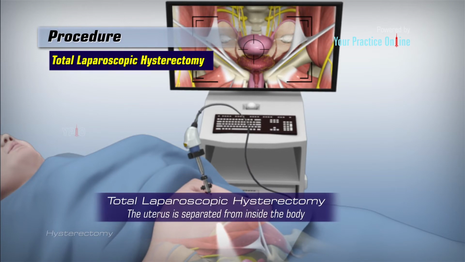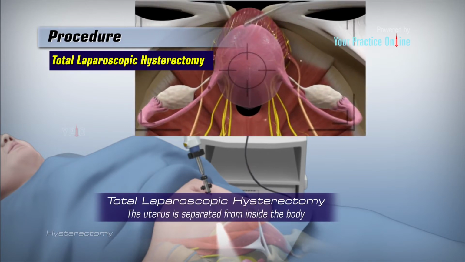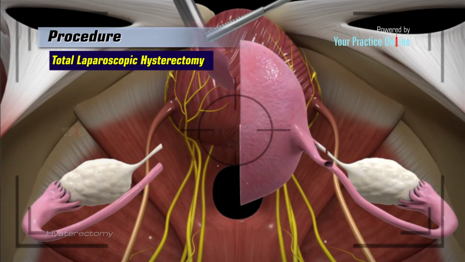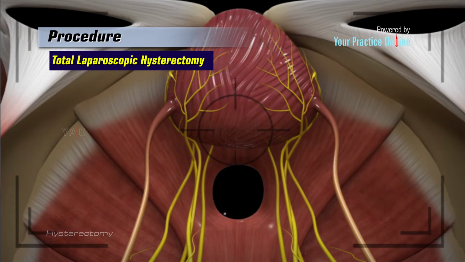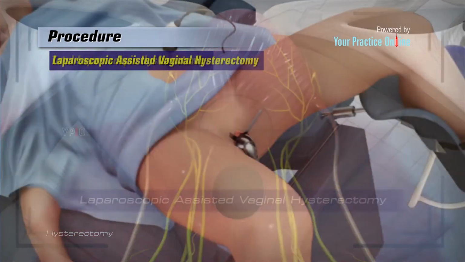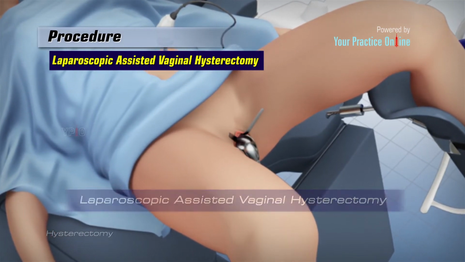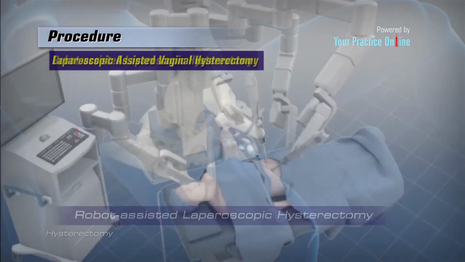Total laparoscopic hysterectomy is a method where the uterus is separated from inside the body and then removed in small pieces, either through tiny incisions or through the vagina. Laparoscopic assisted vaginal hysterectomy uses a laparoscope to guide the surgery, and the uterus is removed through the vagina.